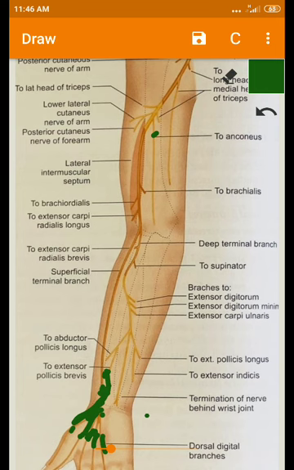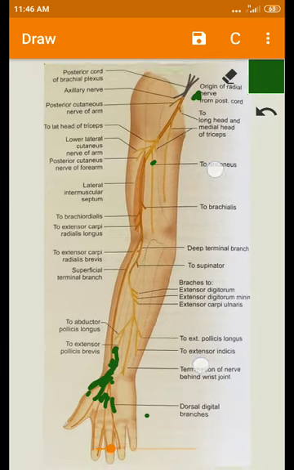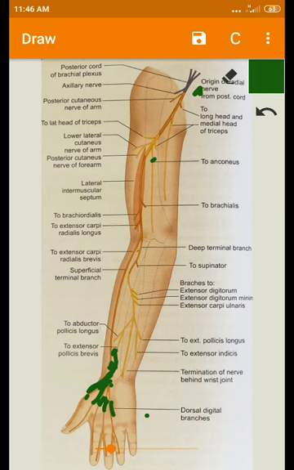So this is the course of the radial nerve as a whole in the upper limb.